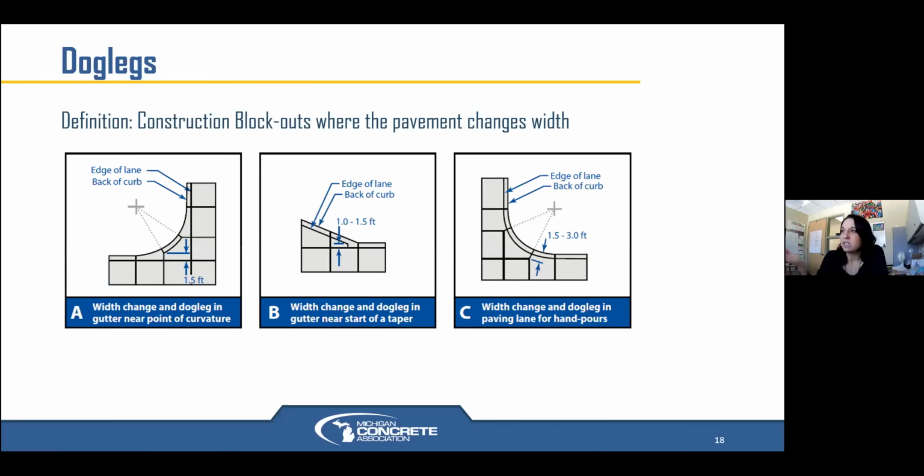So dog legs, this is what dog legs look like when you're coming into radiuses or different curb transitions or even structures. We want to dog leg, or take these angles, into what we're doing, and we'll show you that as we continue on here. We don't see dog legs utilized enough in some areas.